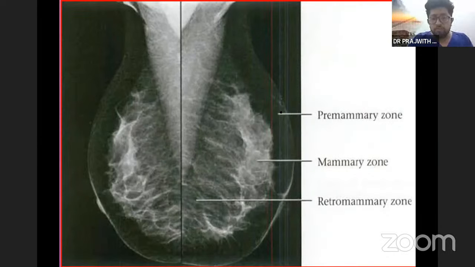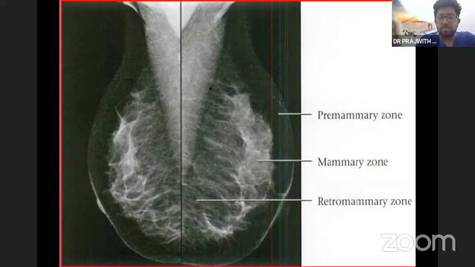The superficial subcutaneous fat constitutes the pre-mammary space, and the fibroglandular tissue, the density that you are seeing, constitutes the mammary zone. Behind the fibroglandular tissue, the fat we are seeing is the retromammary zone. So this is how we divide the breast tissue.